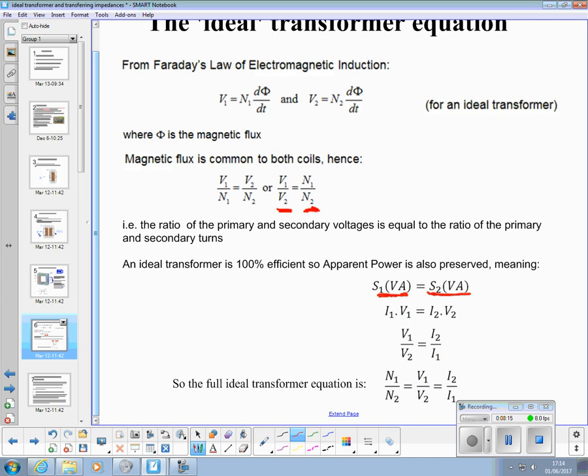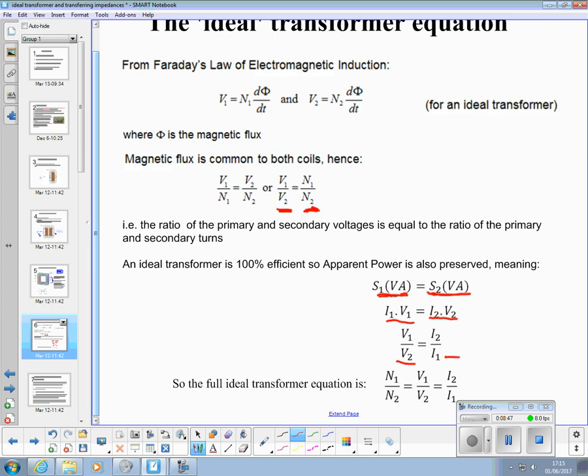If that's the case, then I1 times V1 must equal I2 times V2. If we rearrange that, we find that the ratio of primary to secondary is equal to the ratio of secondary to primary. And if you remember, of those three, voltage, number of turns, current, the current one is always the other way up.